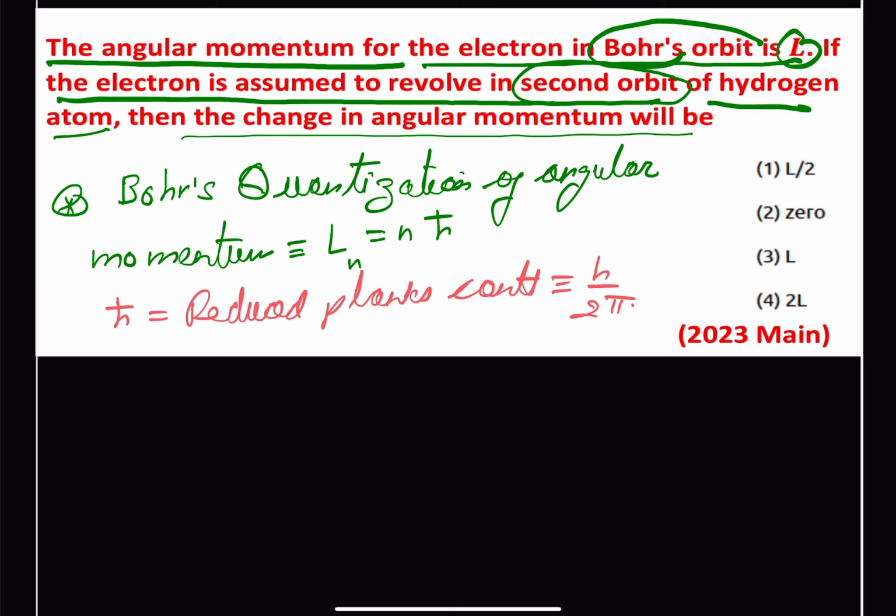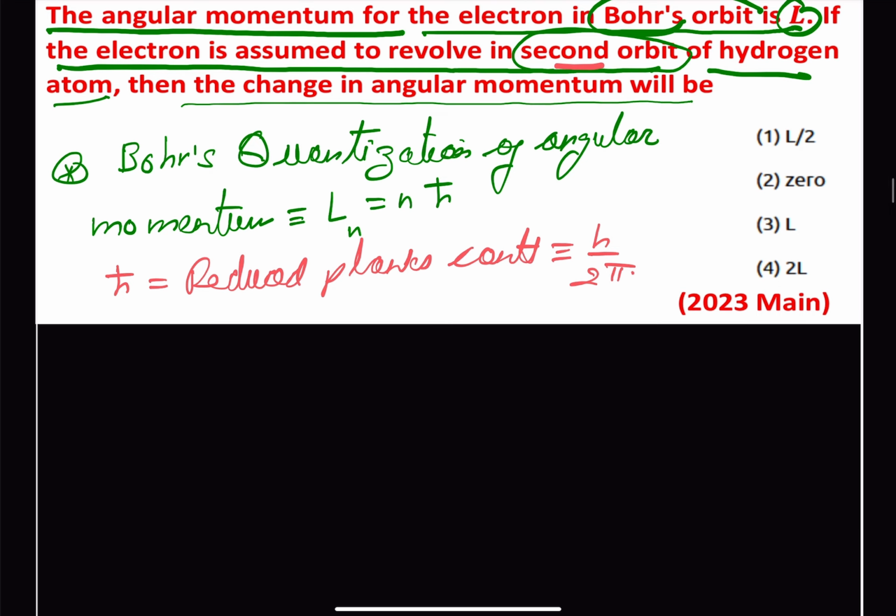And we have two orbits given. One is the Bohr orbit and the second one is our second orbit. Therefore, for the Bohr orbit, the value of n will be equal to 1, which gives us that L1 will be equal to the reduced Planck's constant times the quantum number.